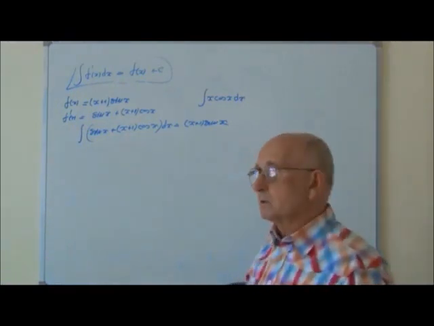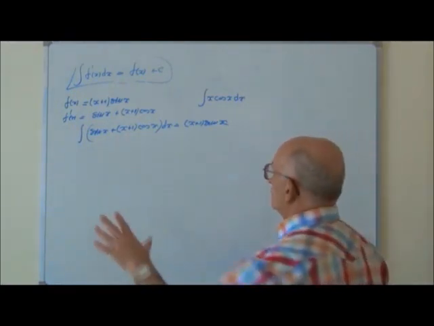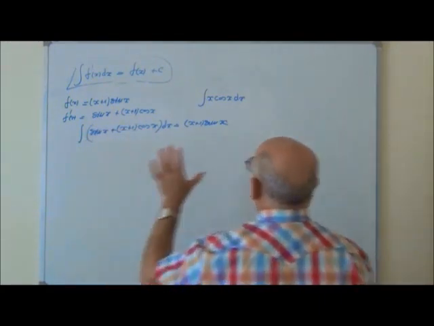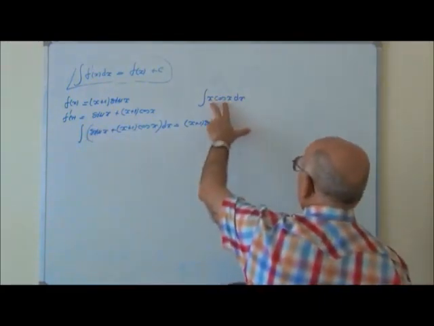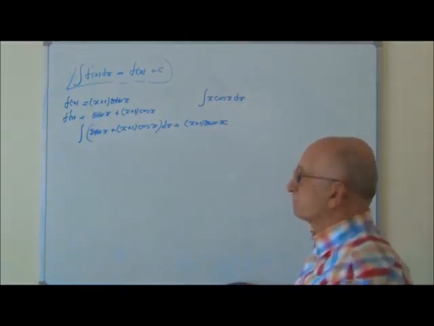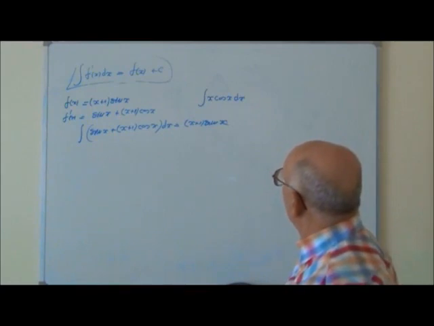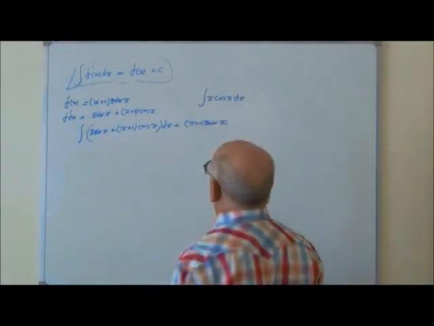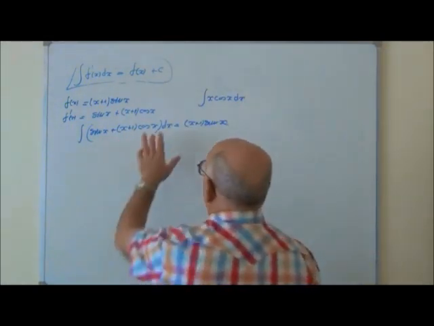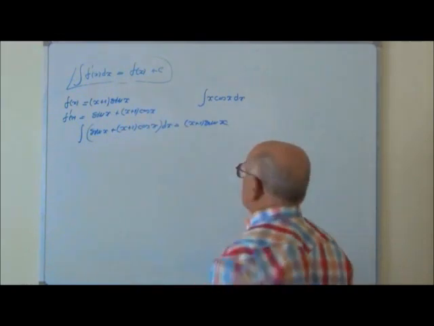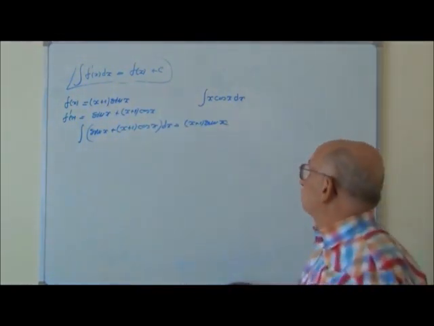Now it's time to look here and see how I can get this. Well, sine x is sine x. I don't have sine x in the target integral, so I don't care about that. I have cosine x, but here I have x plus 1, and here I have just x. What to do?